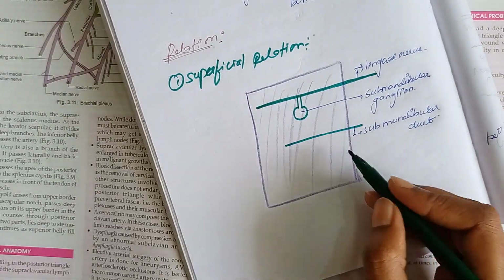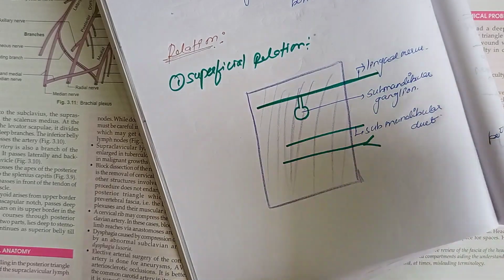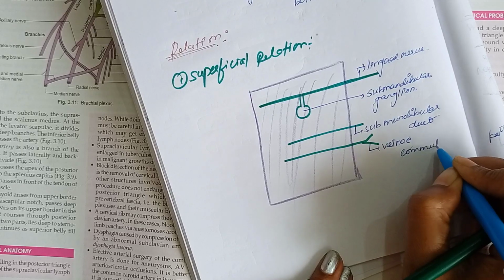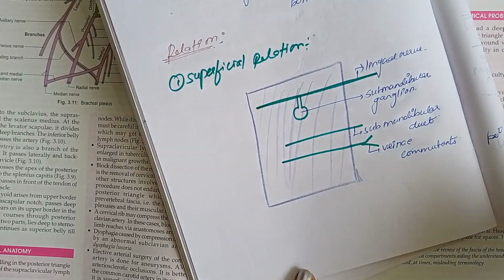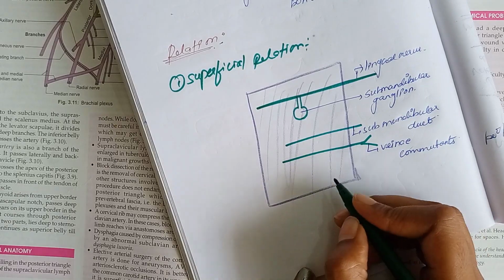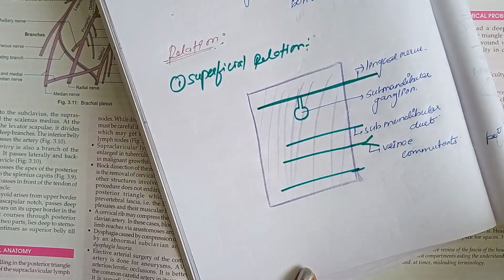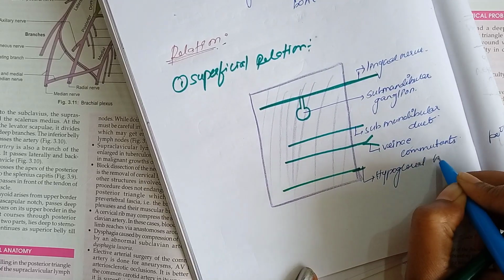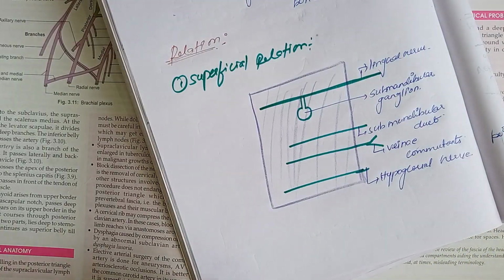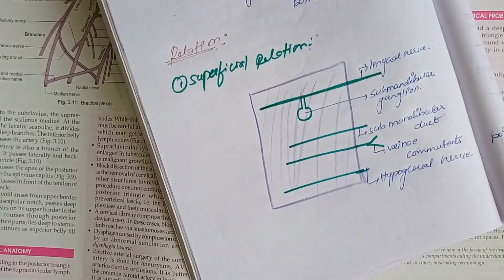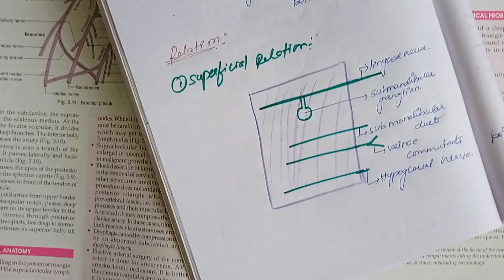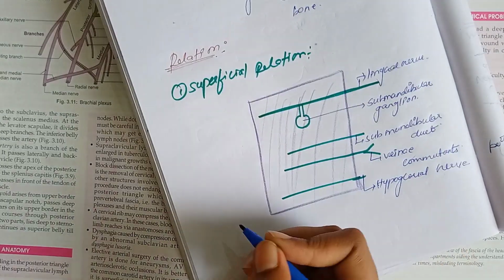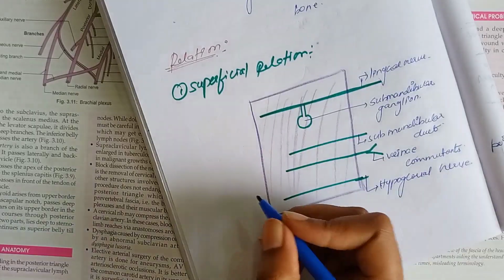And another structure is the vena comitans. And another superficial structure is the hypoglossal nerve. These are all the structures present superficial to the hyoglossus muscle.